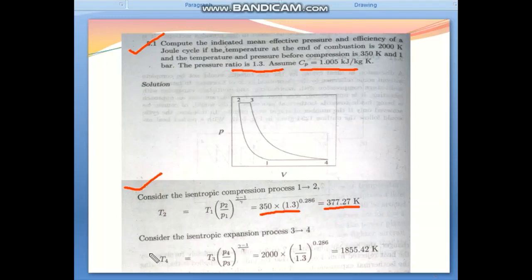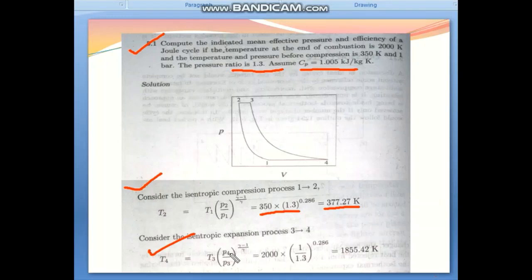Now considering the process 3 to 4, this is also an adiabatic process, a reversible adiabatic or isentropic process. So T4 is equal to T3 into (P4 by P3) to the power of (gamma minus 1) by gamma. Here P3 and P2 are the same, and P4 and P1 are the same.